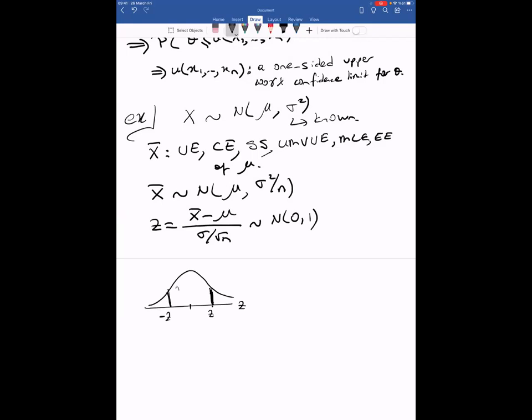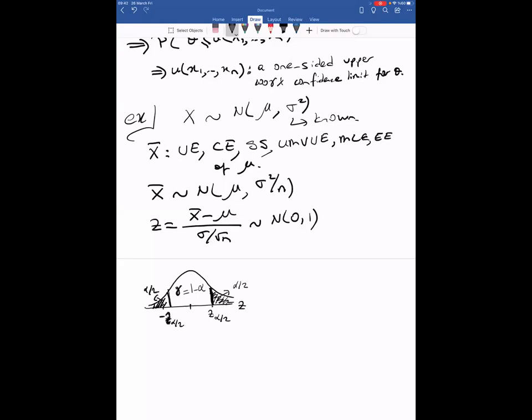Usually we are using delta, but there is a close relationship between confidence intervals and hypothesis testing, so we can write this delta as 1 minus alpha. With equal probabilities in the tails, the upper tail probability is alpha over 2, and the lower tail probability is again alpha over 2.